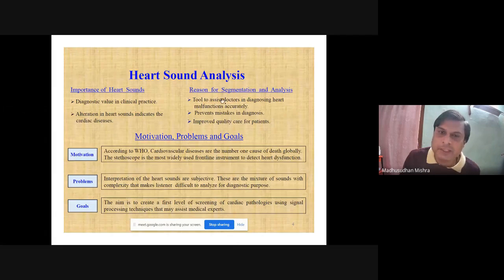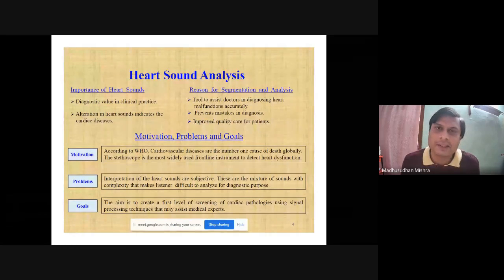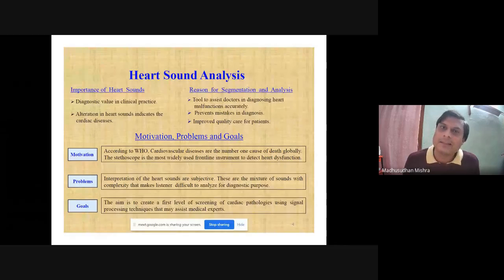The main motivation for doing heart sound analysis using signal processing techniques comes from the fact that, according to the World Health Organization, cardiovascular diseases are the number one cause of death globally, and almost 31.33% of global health is affected by cardiovascular diseases.